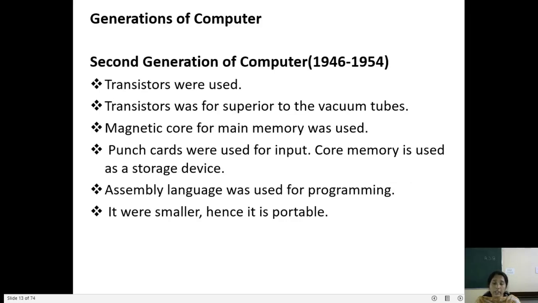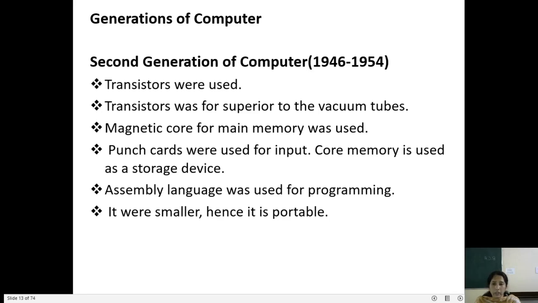When you come to the second generation, it is from 1946 to 1954, and they modified it: instead of vacuum tubes, they replaced them with transistors.